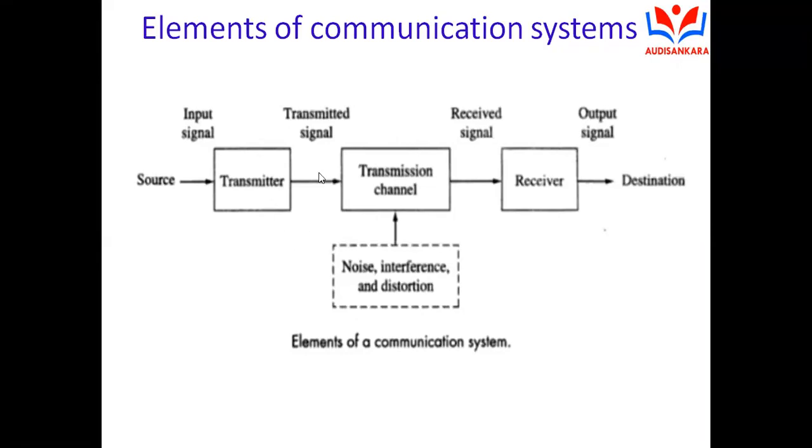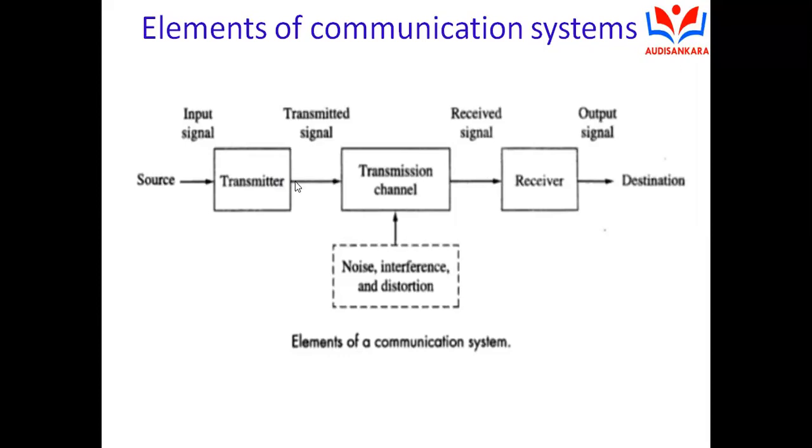Connection oriented means it is used for short distance communication between the transmitter and receiver. For short distance communication, there is a physical path between the transmitter and receiver.